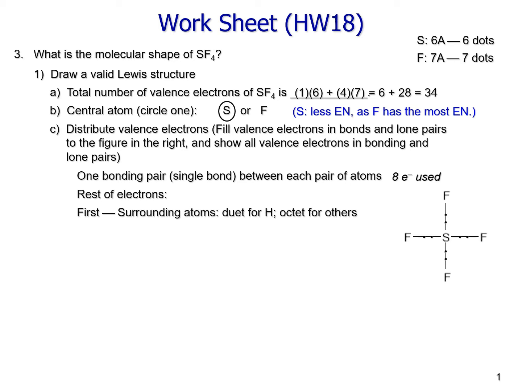Because we have fluorine atoms, that means fluorine requires an octet for each of these 4 atoms. We have to give 6 more electrons to each fluorine, as you see in the animation. With the 2 bonding electrons and these 6 more electrons we just assigned, fluorine will have an octet.